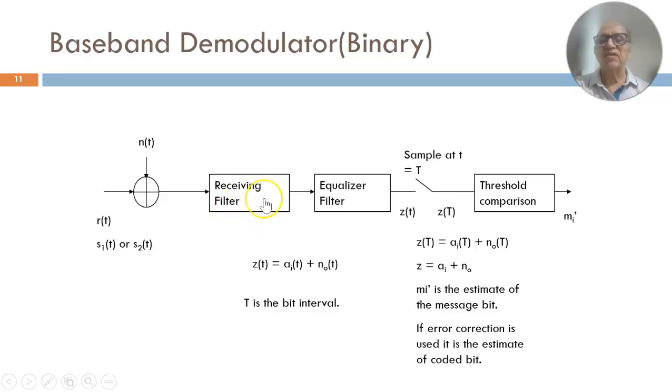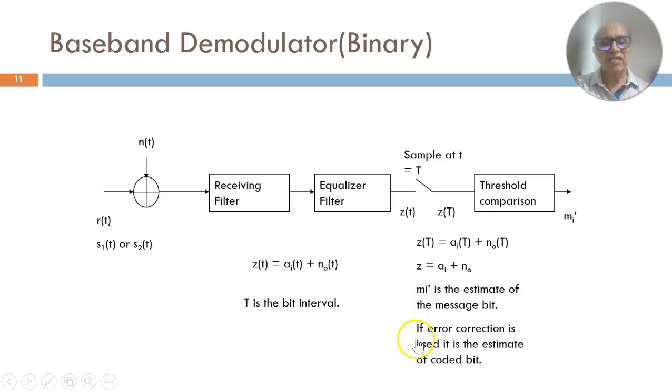Then you have a receiving filter, which is the matched filter we said. Then you have the equalizer filter. You sample the output at t equal to T and do the threshold comparison, and this is the estimate of the bit that you get. So m_i dash can be representing either s1(t) or s2(t). So that is an estimate.